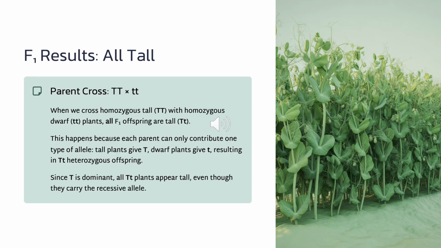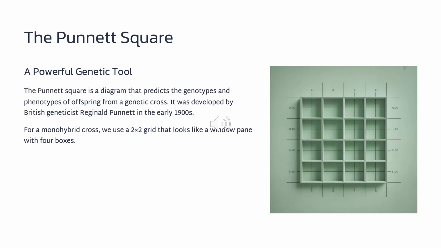Since capital letter T is dominant, we can see that all heterozygous plants appear tall, even though they carry the recessive allele, because we know that the recessive allele is always masked, filtered by the dominant.